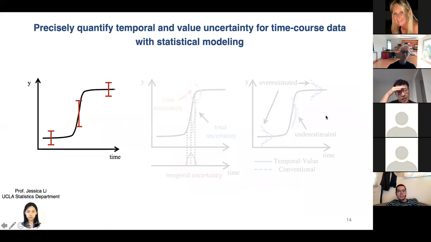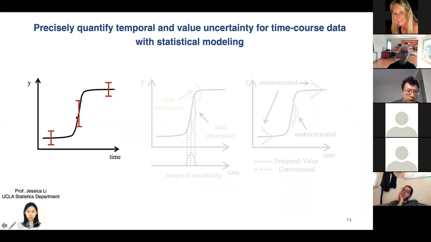Since we are working on time course RNA-seq data, we found that when genes sharply increase or decrease, there are much higher error bars than when they reach the plateau.